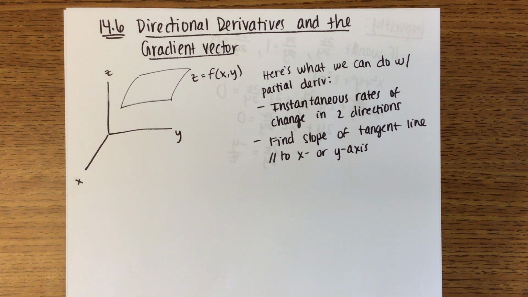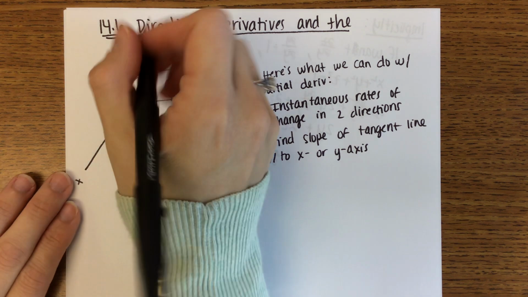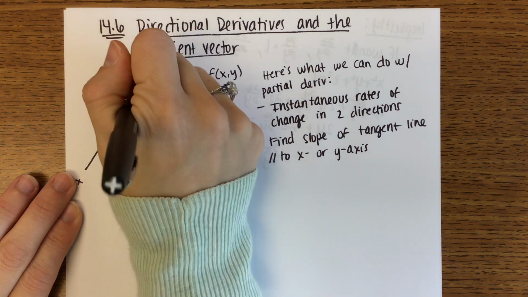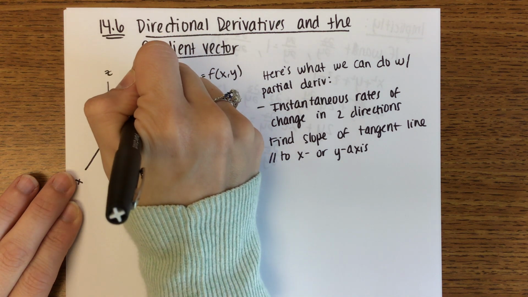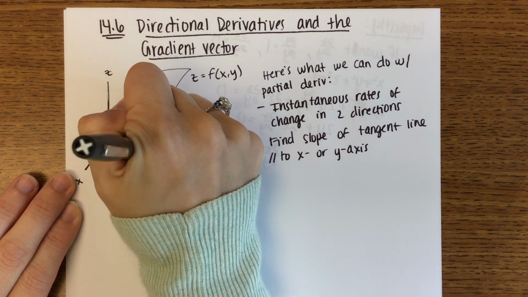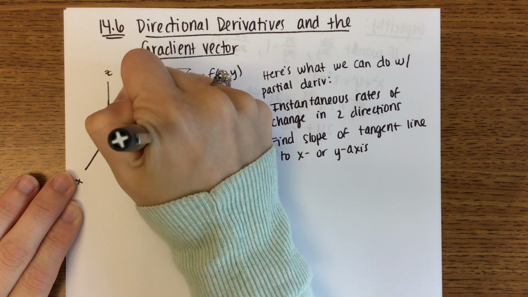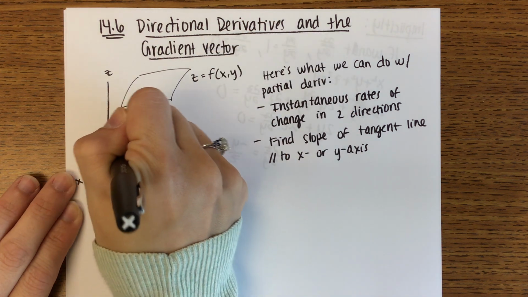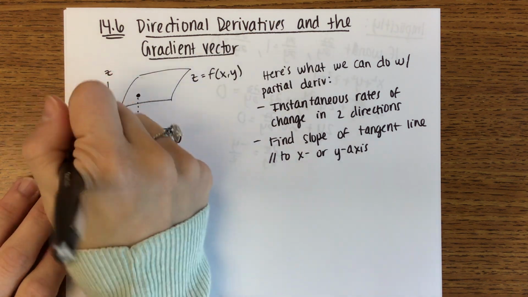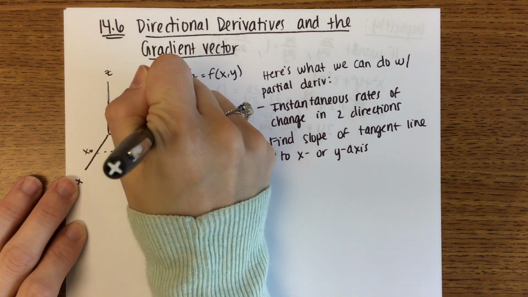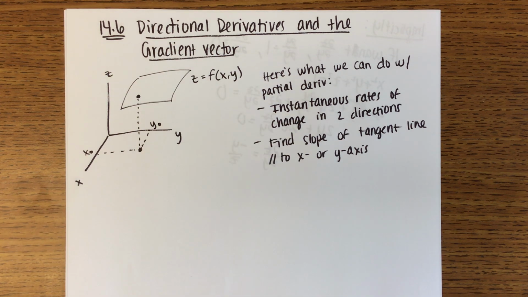Okay, so how that looks on our figure, let's say that we choose some point, and let's say that point has coordinates x naught, y naught. First thing we can do is pass through a plane that is parallel to the x-axis.